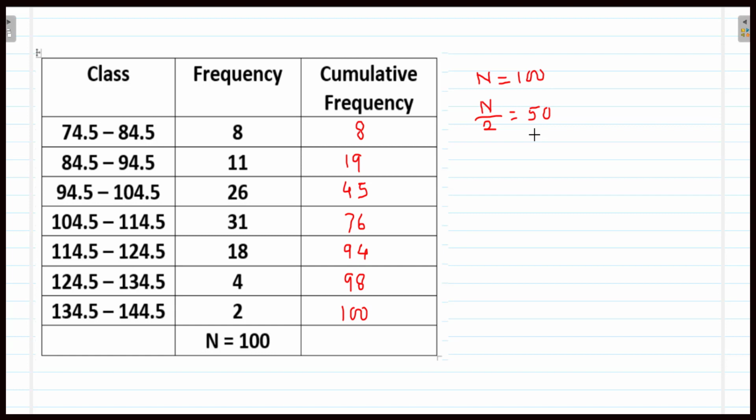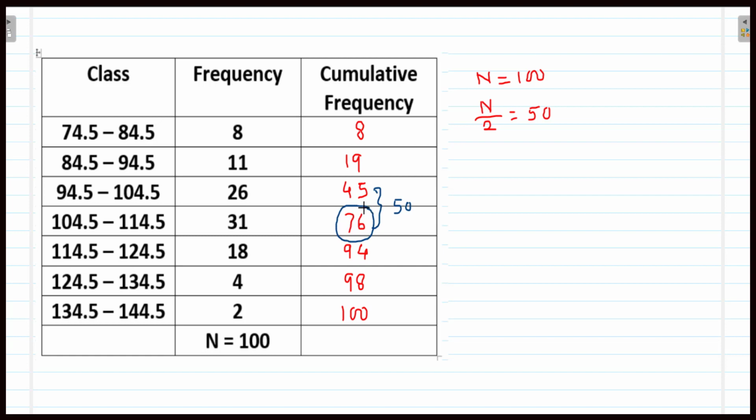Now, we have done this in the previous episode. After getting n by 2, we take 50 as n by 2 and then search for 50 in the cumulative frequency. Here there is no 50 directly. We see that 50 lies between 45 and 76, and therefore we select 76, the next cumulative frequency.